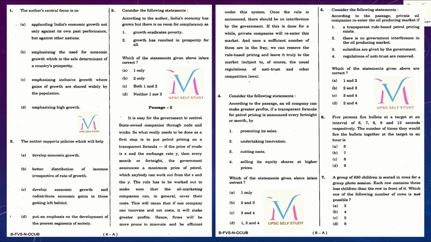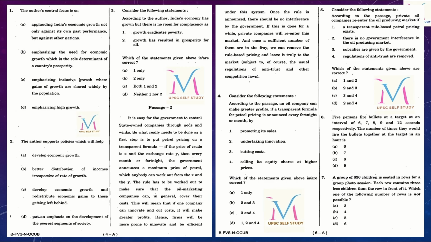If the government is not involved in oil producing or making changes, then the private companies will automatically get involved. So for the fifth question, options 1 and 2 are correct. When options 1 and 2 take place, the private companies will be able to come into the oil producing markets.